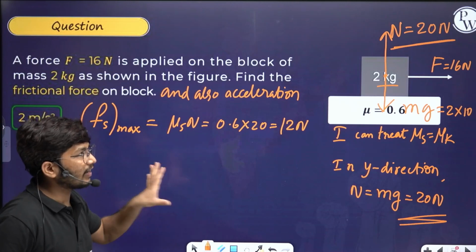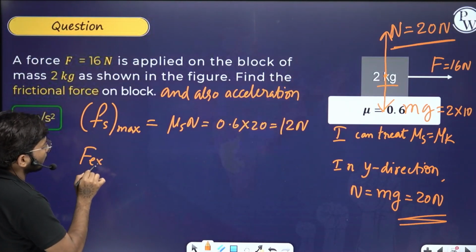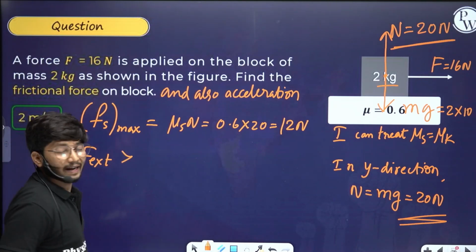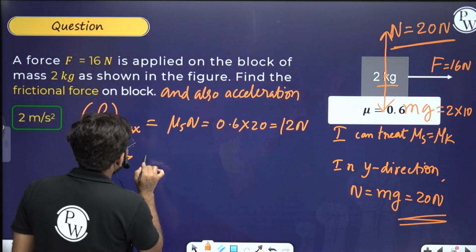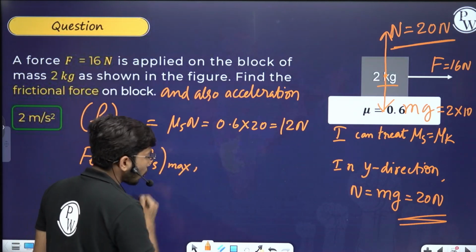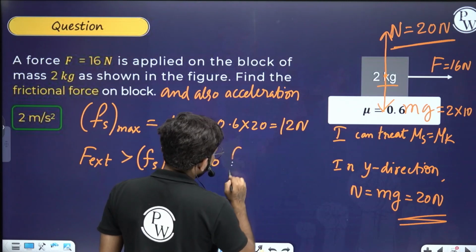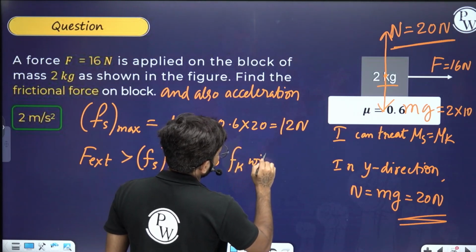So clearly the applied force F external is greater than Fs max. So what type of friction will act? So Fk will act.